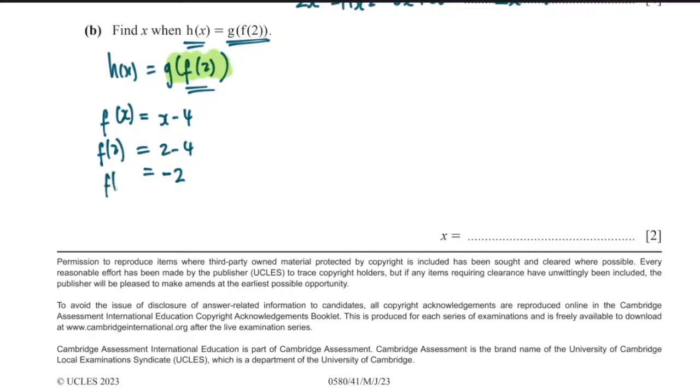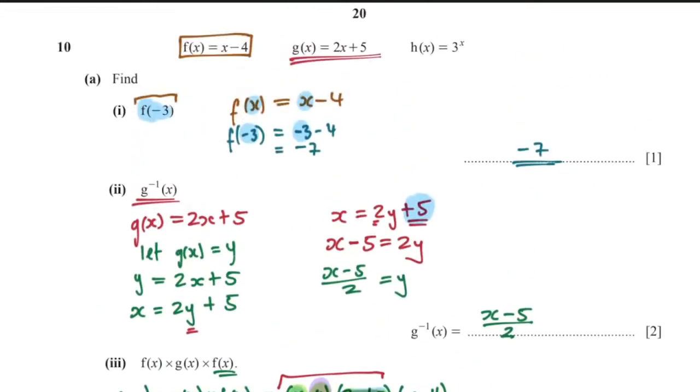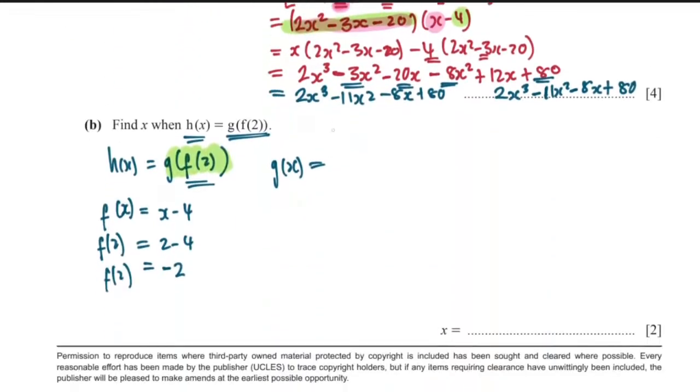So f of 2 is negative 2. Now, g of x is 2x plus 5. So g of x is 2x plus 5.